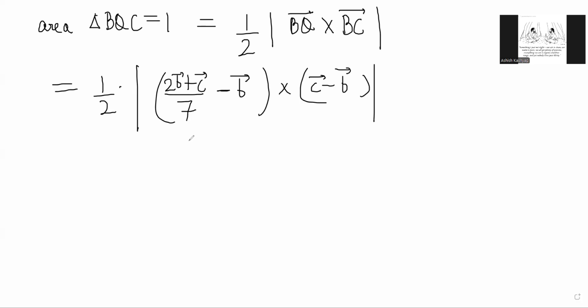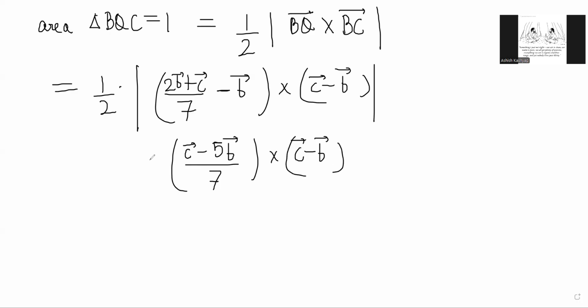So this is coming out to be (c minus 5b) by 7 cross product with c minus b. That is my half, that is 1, the area.